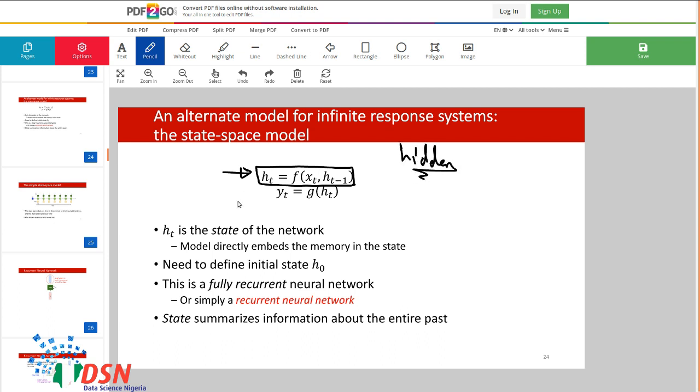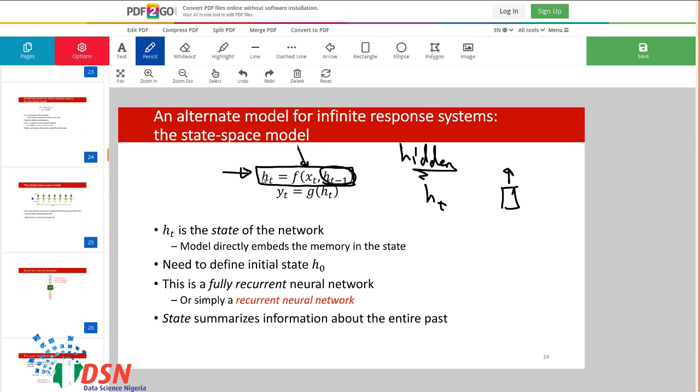So we have some hidden states, and the hidden state at time t is defined based on the current input and the previous hidden state, or the initial hidden state.